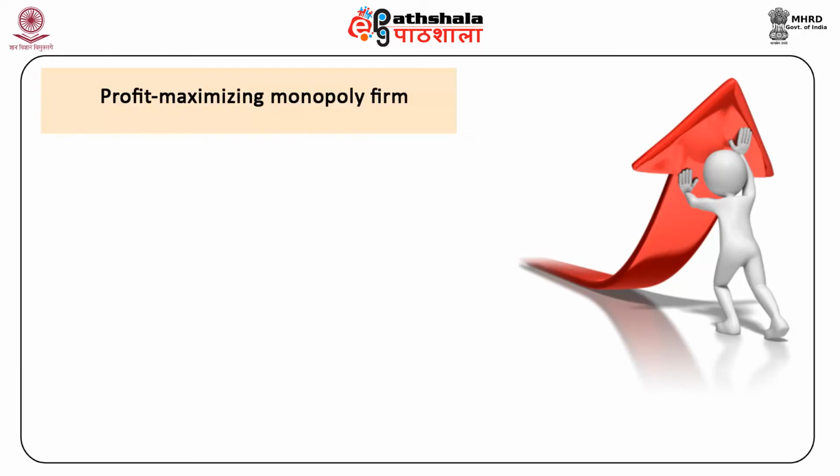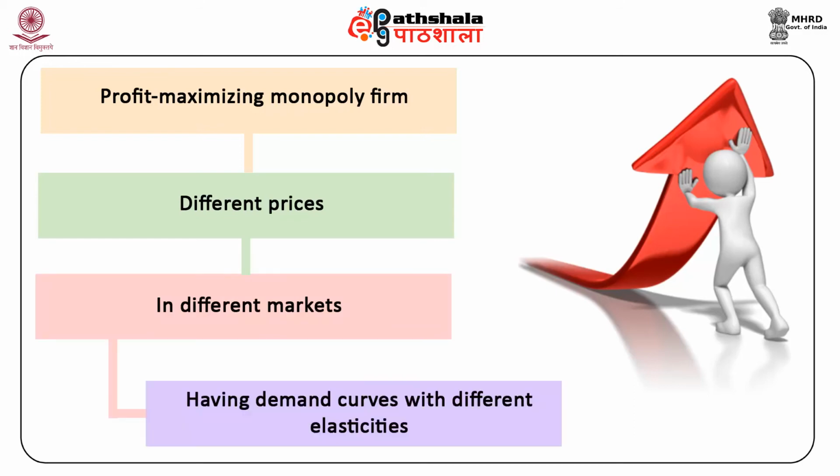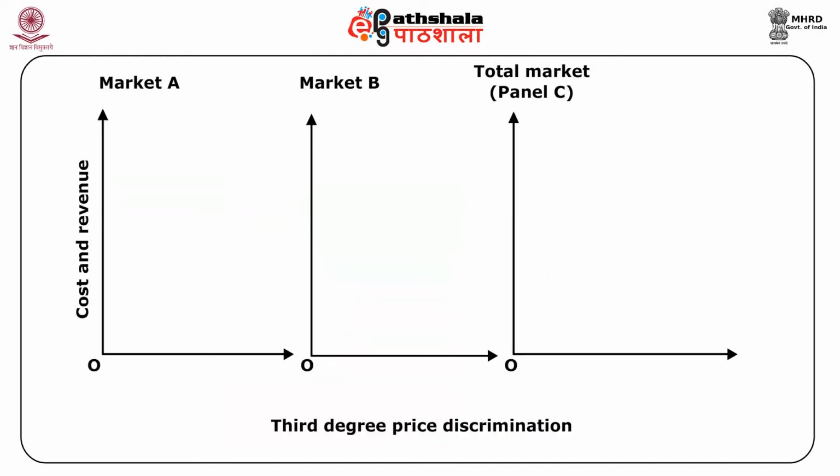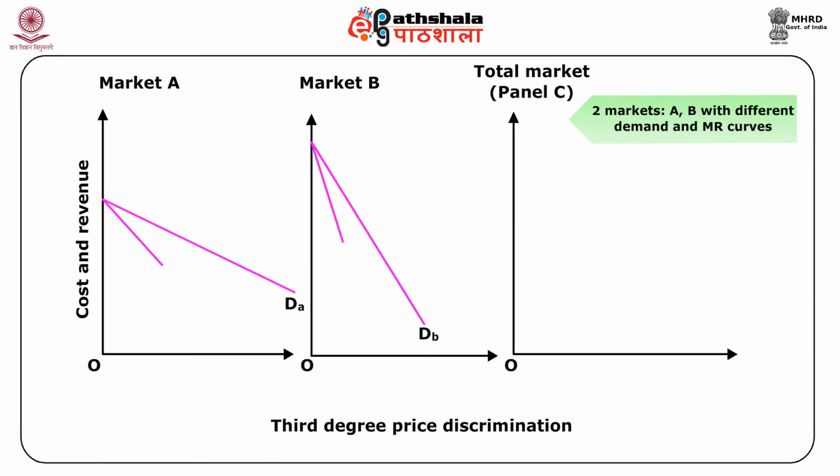When a profit maximizing monopoly firm sets different prices in different markets having demand curves with different elasticities, it is using third degree price discrimination. Suppose there are two markets A and B with different demand and MR curves.